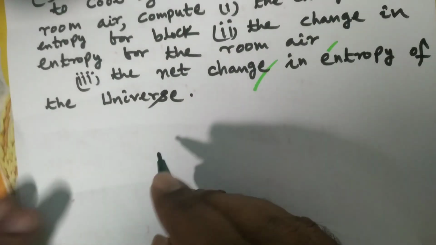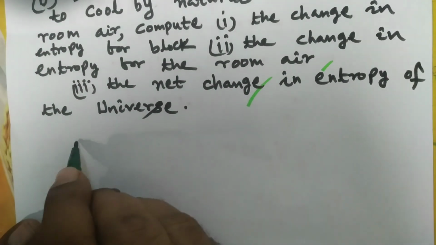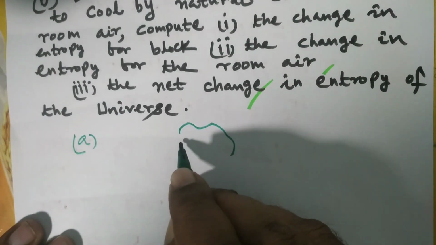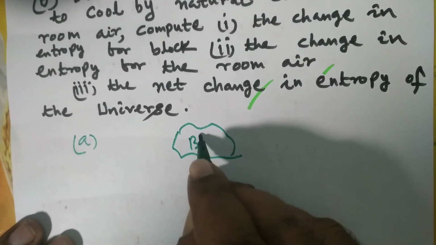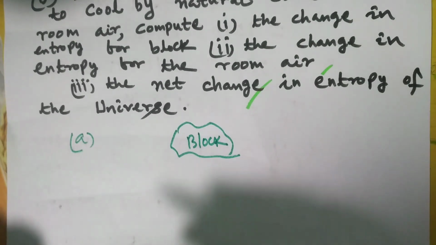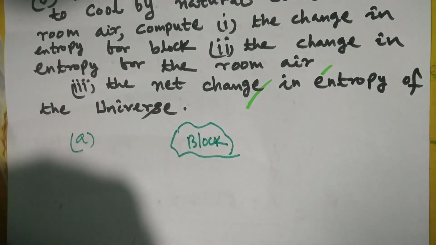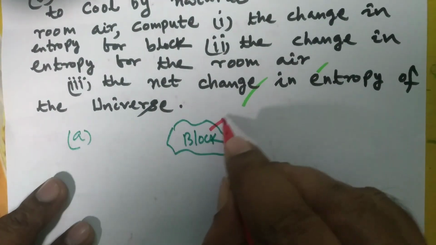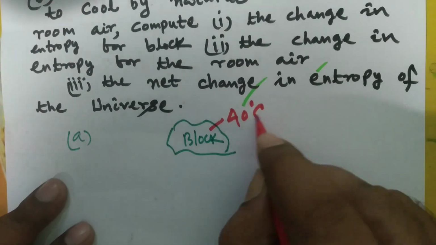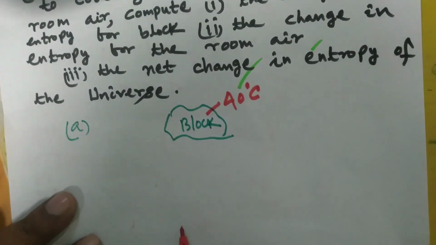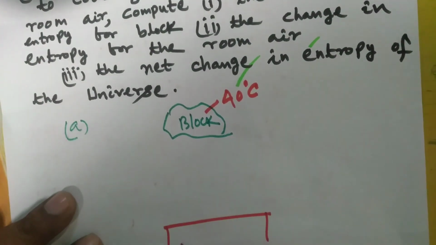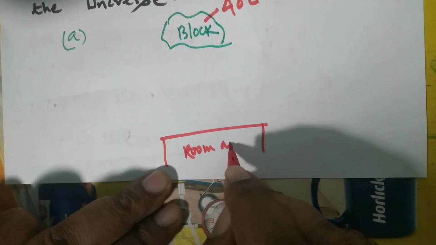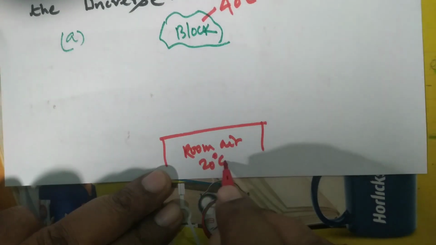For the first part, an aluminium block is there whose temperature is 40 degrees Celsius, and the room air is at 20 degrees Celsius.